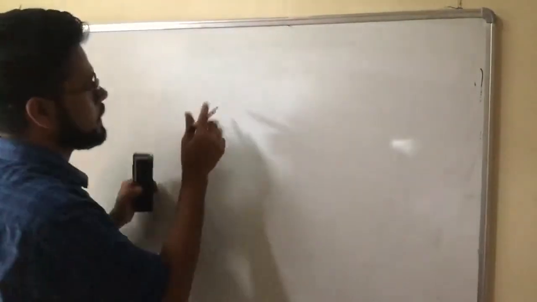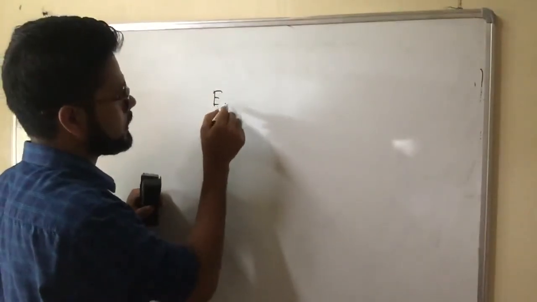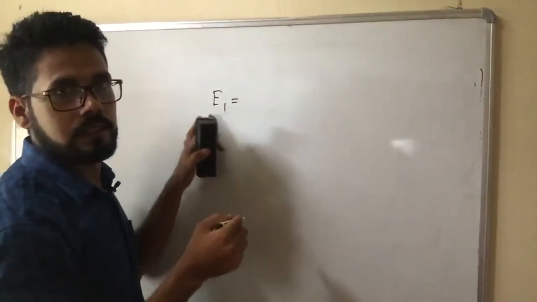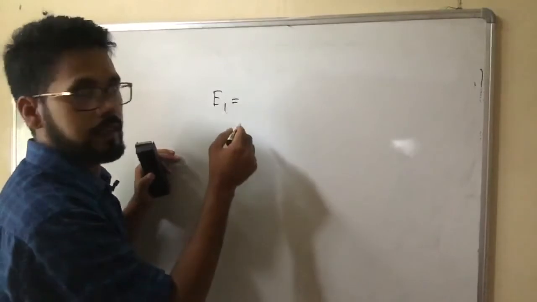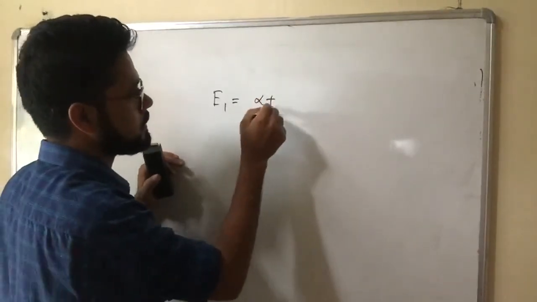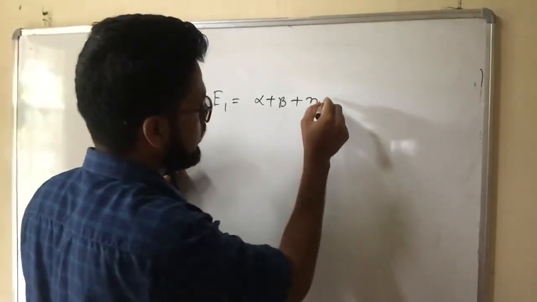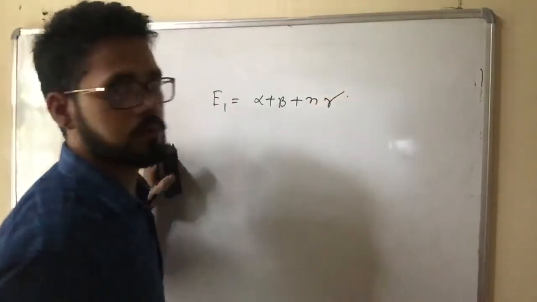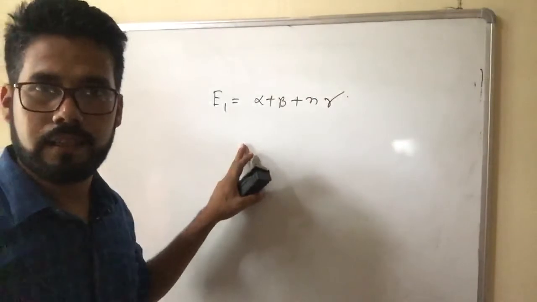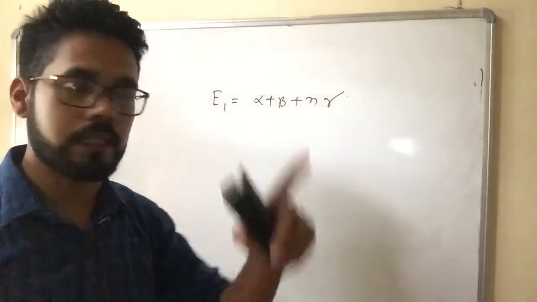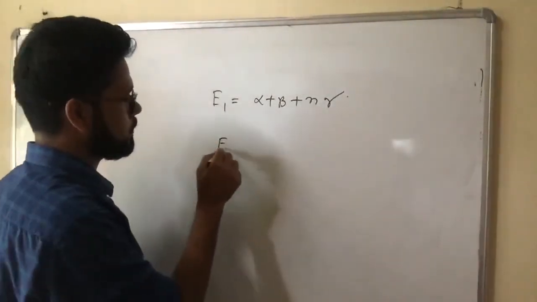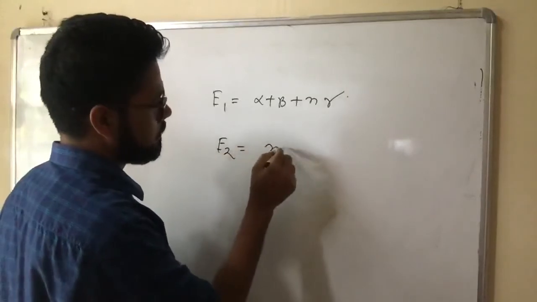So in the NET GATE exams, this type of conceptual question is asked. Suppose I give you energy one, the mean energy, as this expression, and another energy expression with alpha plus beta plus n gamma in the crystal. This is the energy of one particle, and this is the energy of another particle, n gamma.